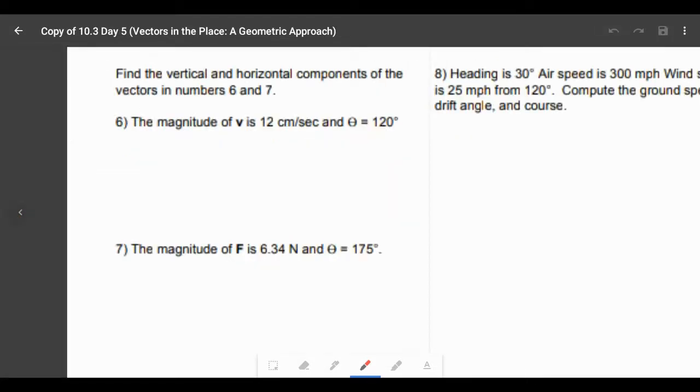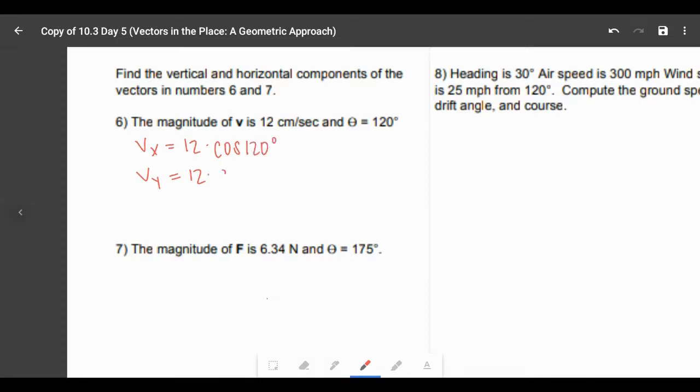For problems 6 and 7, we are going to be finding the vertical and horizontal components of the vectors. So for 6, it tells me that the magnitude is 12 centimeters per second and theta is 120 degrees. Remember that for my components, Vx and Vy, we found those by taking the magnitude, so 12, and for my horizontal component, the Vx, we are going to multiply by cosine of 120 degrees.